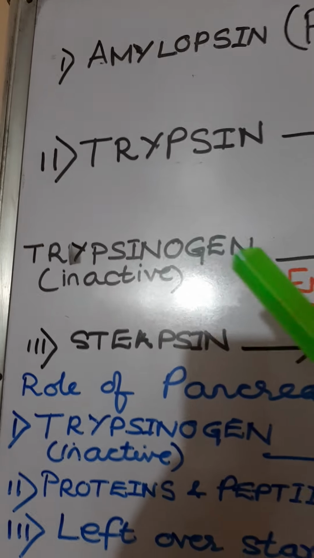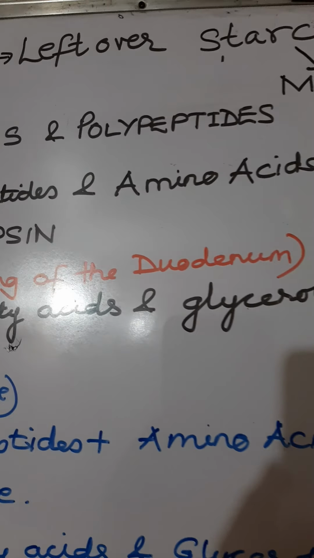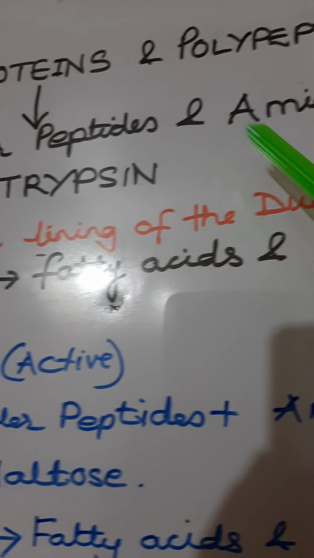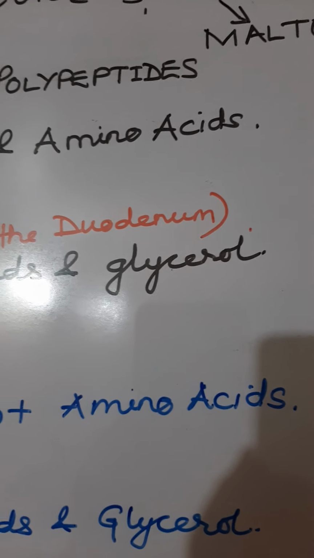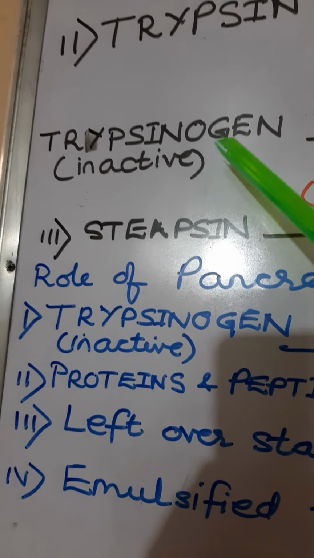Then the next one is trypsin. Trypsin acts on remaining proteins and polypeptides, and it breaks them down into smaller peptides and amino acids. Then comes trypsinogen, which is inactive.